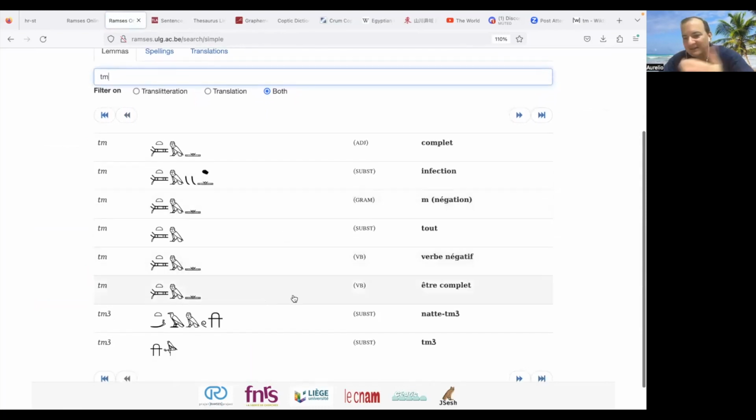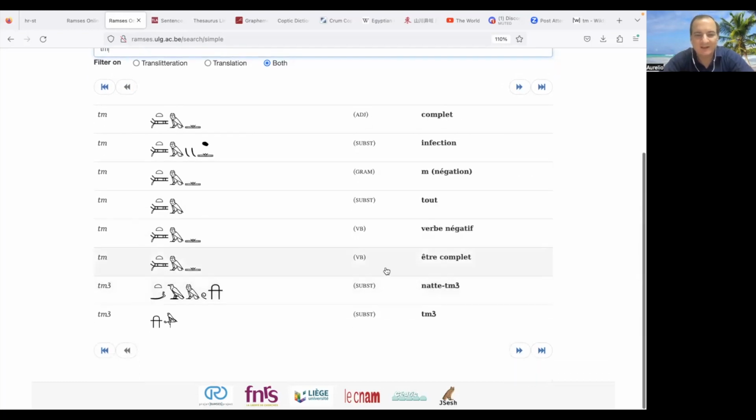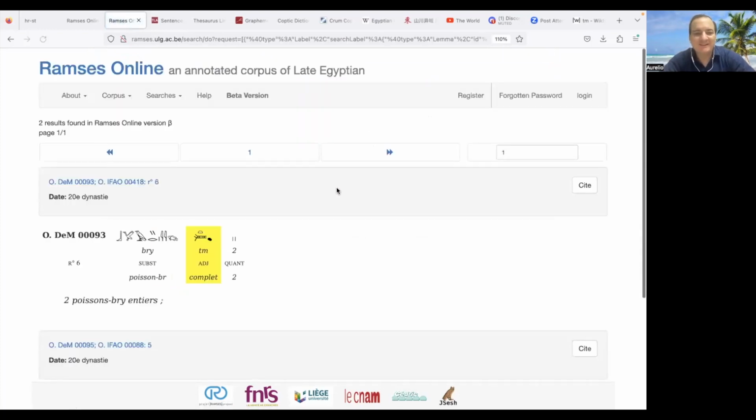Or, well, être complet, being complete, I guess. Not the exact same thing as perfect. Arguably, if you're complete, that is perfectum, right? I'll leave it there. I hope that helps a bit.